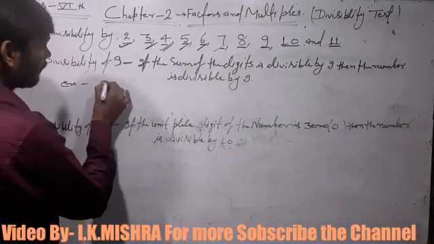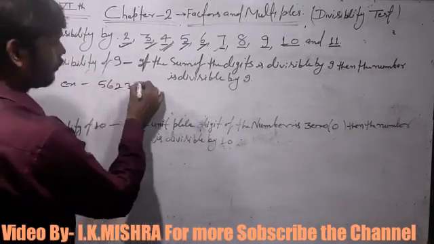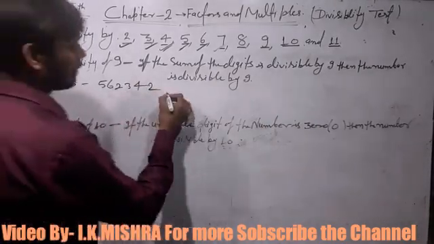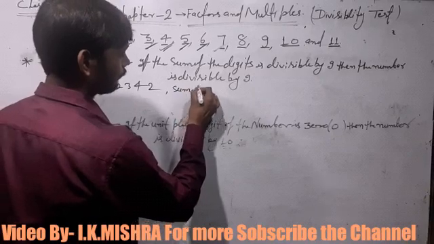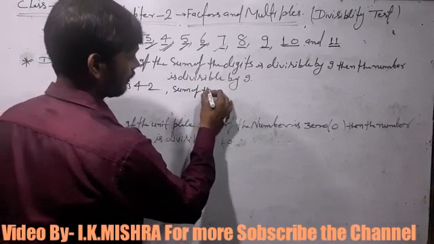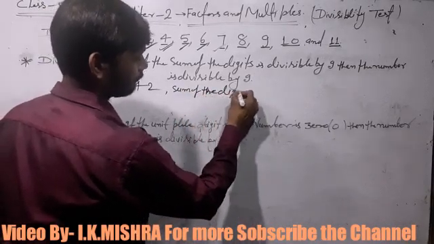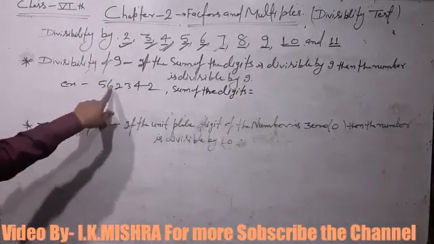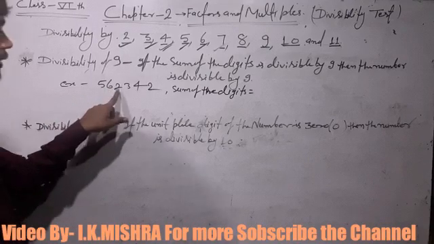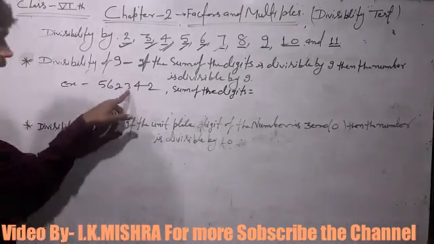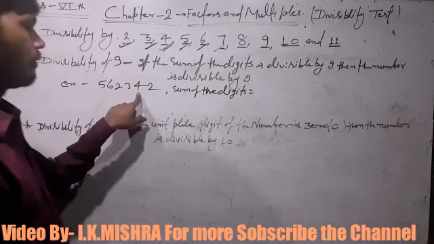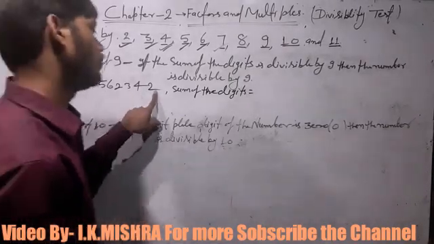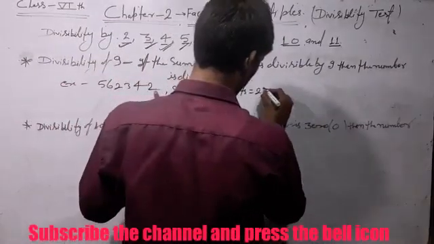our number is written 5, 6, 2, 3, 4, 2. Here, the sum of the digits: 5 plus 6 is 11, 11 plus 2 is 13, 13 plus 3 is 16, 16 plus 4 is 20, 20 plus 2 is 22.